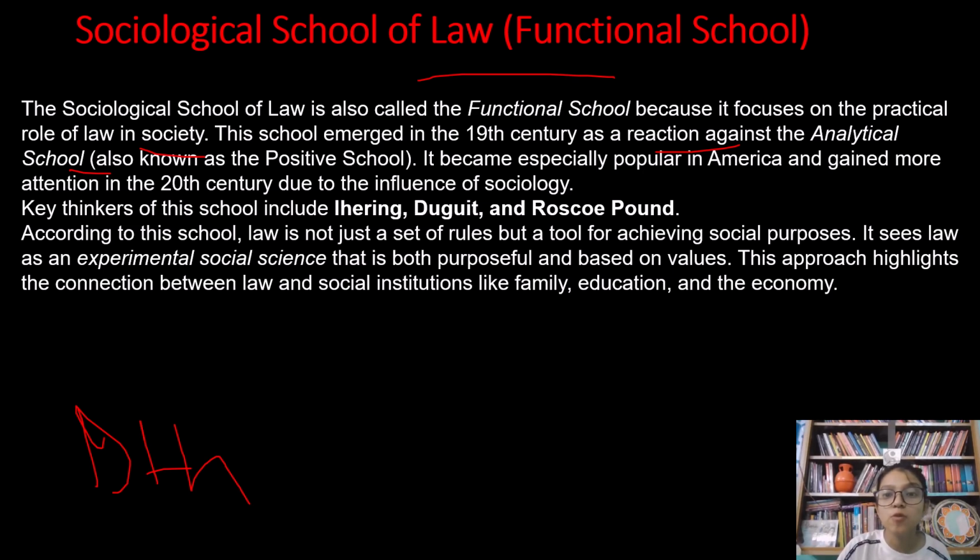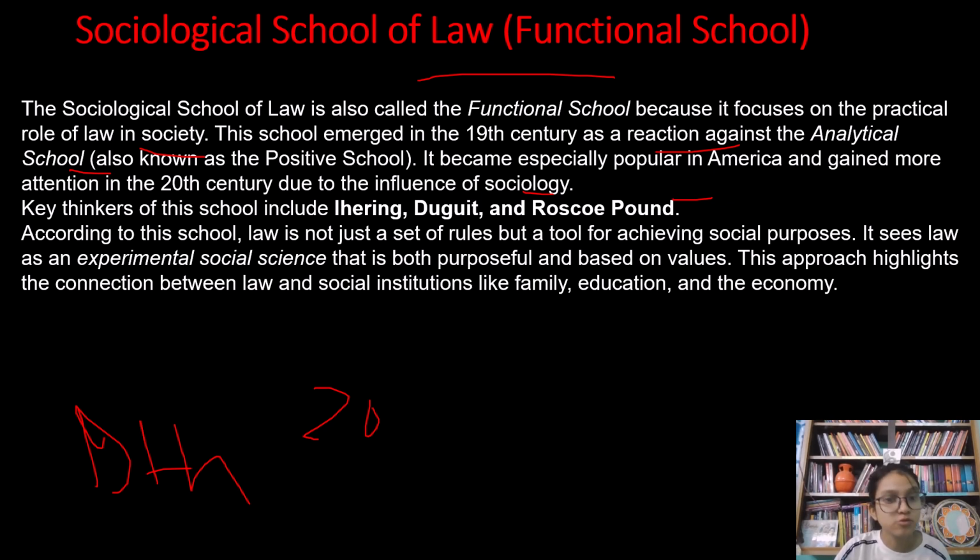It became especially popular in America and gained more attention in the 20th century due to the influence of socialism. So it evolved in the 19th century, but it got its reputation and popularity in the 20th century itself, and it was way more popular in America.